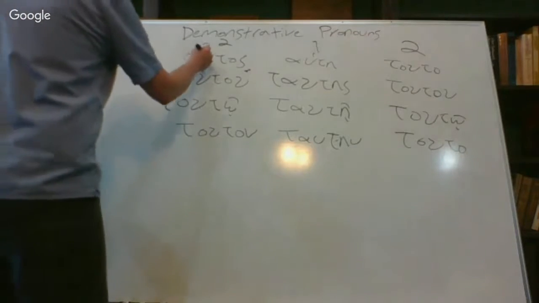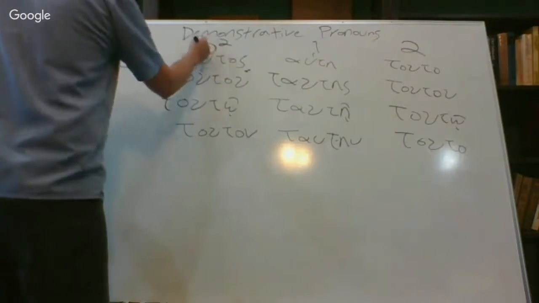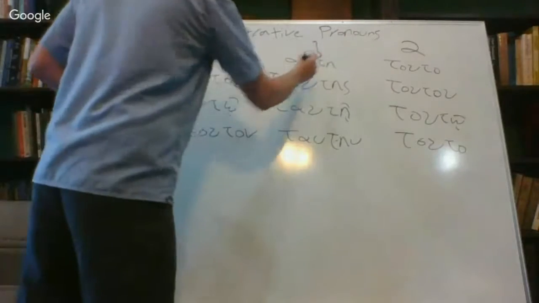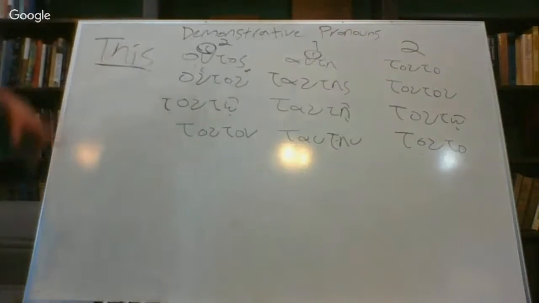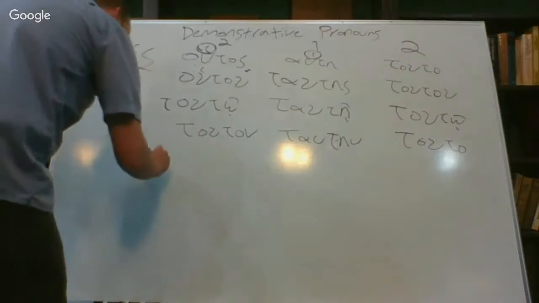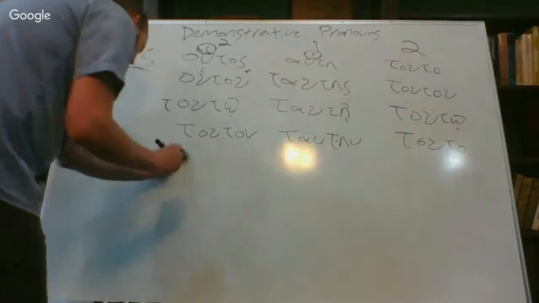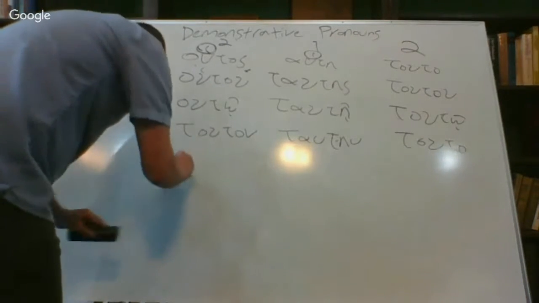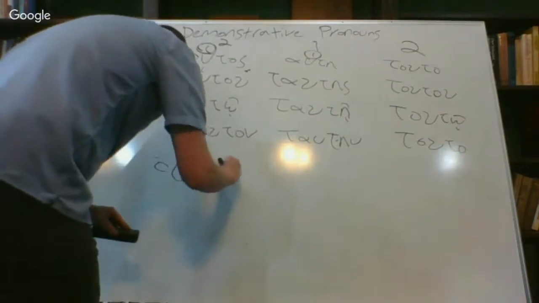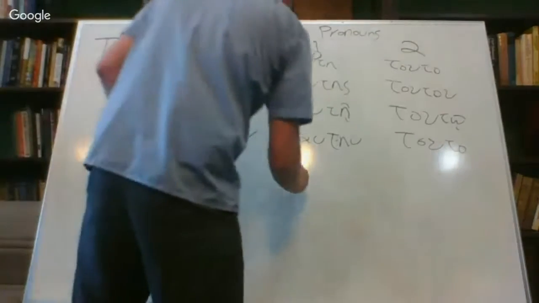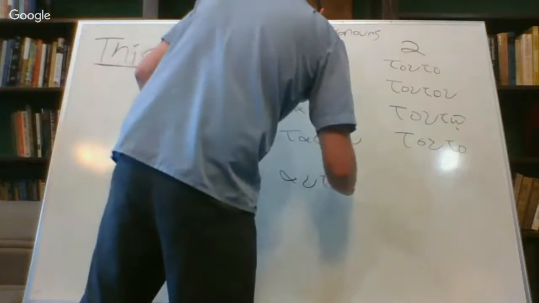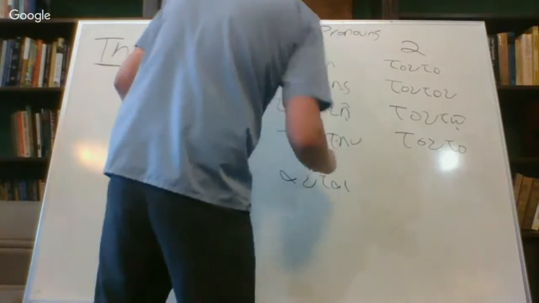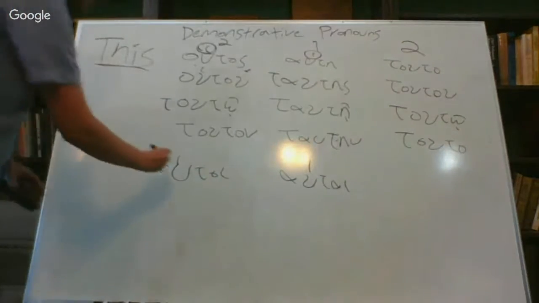So first and foremost, we see a rough breathing mark. This is going to be the same in the singular and in the plural. And so let me just kind of write this out here real quickly. So we have a rough breathing mark here.